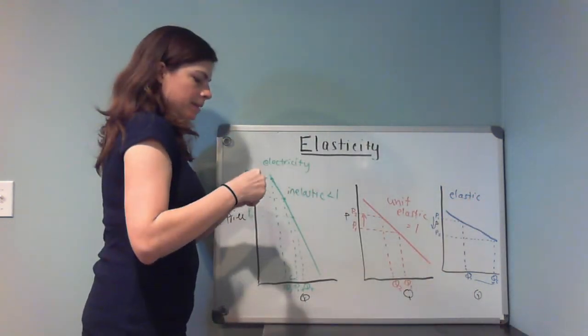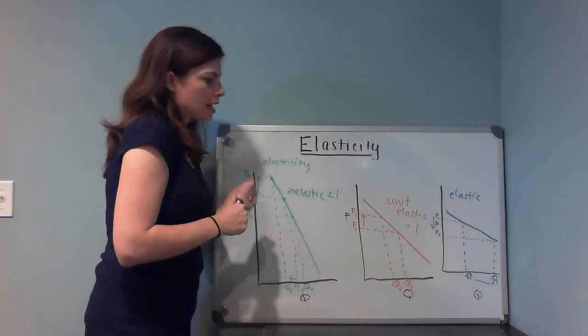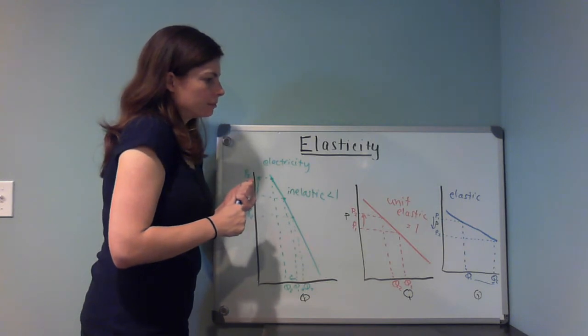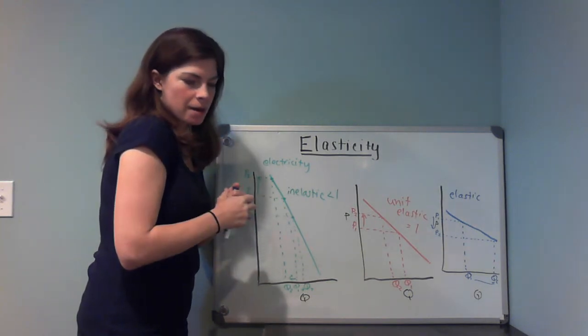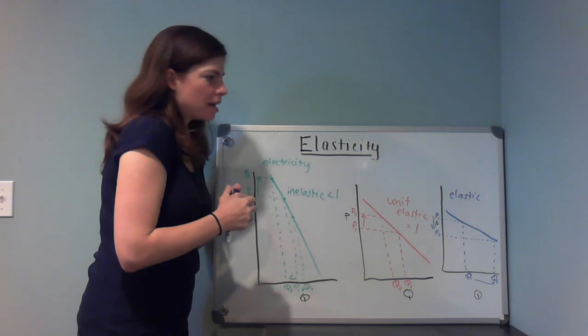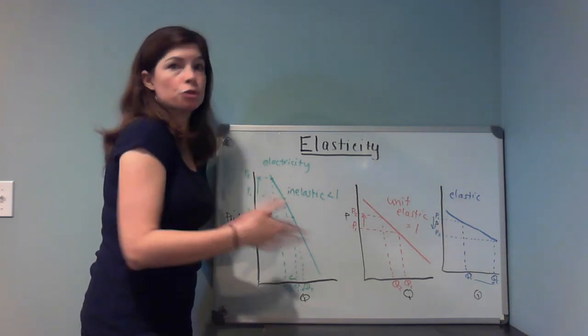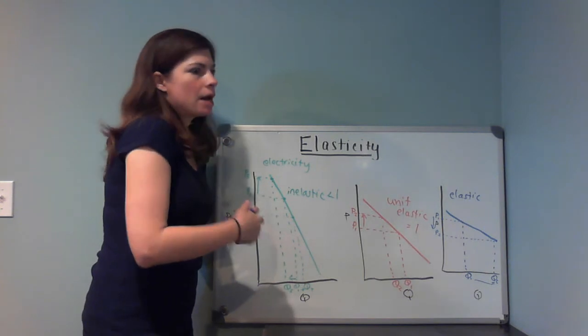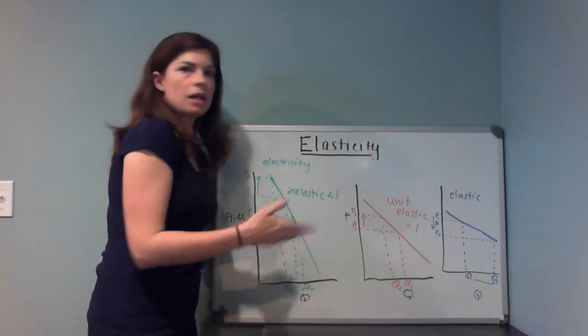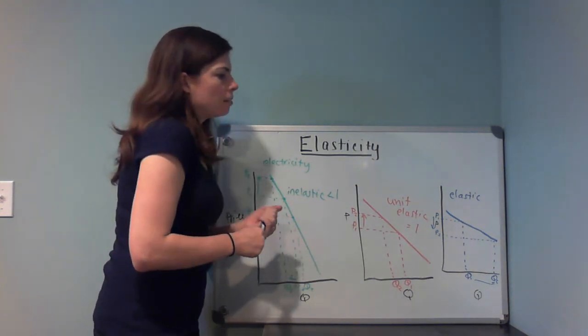Now, an example of that might be something you don't need very much of, might have an elastic demand, like maybe shoes, new shoes. I might buy a lot of new shoes if they're on sale. Hey, what the heck, why not?